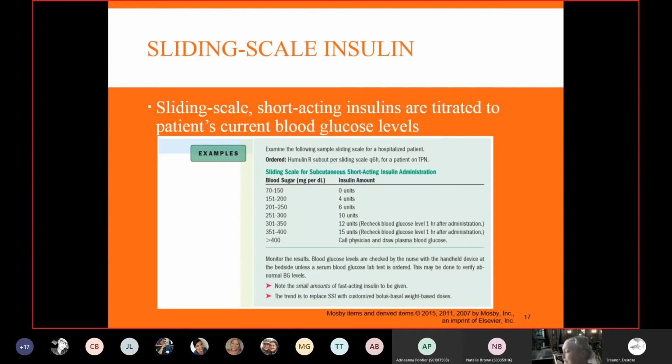So, you might have a sliding scale bolus along with your basal insulin. Brittle diabetic is someone who is very poorly controlled despite their insulin therapy. So they're really just all over the map. I'm not going to have the patient do self-monitoring of blood glucose in the facility.